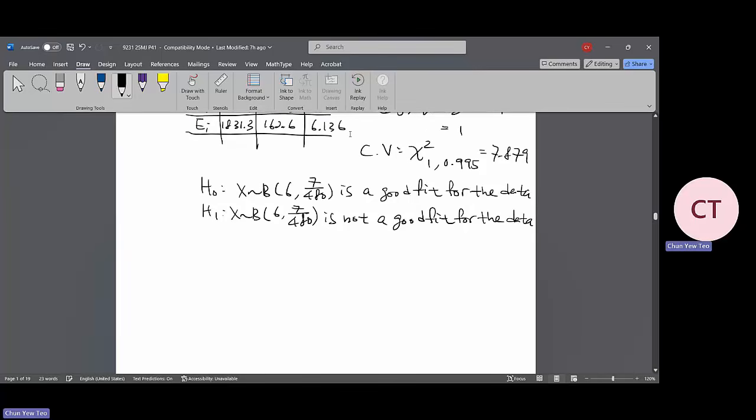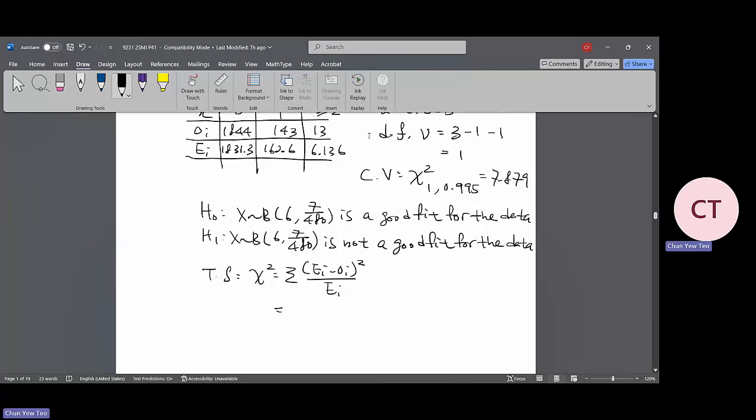Now we have found the critical value, we can go straight to the test statistic. The test statistic chi square is equal to the sum of (OI minus EI) squared divided by EI. Just 3 columns, one by one, and you can press the calculator for each value.